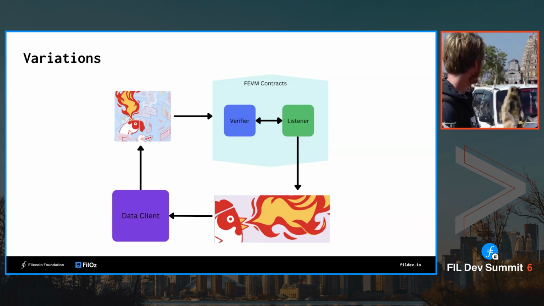Not sure where that will end up, but there's some software being developed that would replace the Curio SP with just the Sriracha SP, which is totally fine. It works perfectly great in the system. You just swap out SP software for something else, which goes and makes calls to the contracts and handles data. And yeah, that works totally fine too.